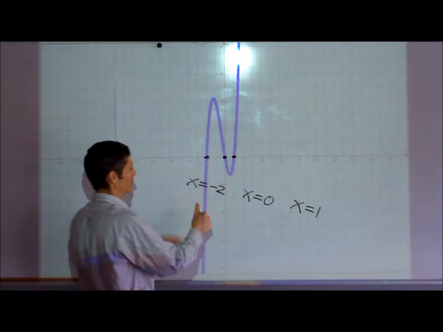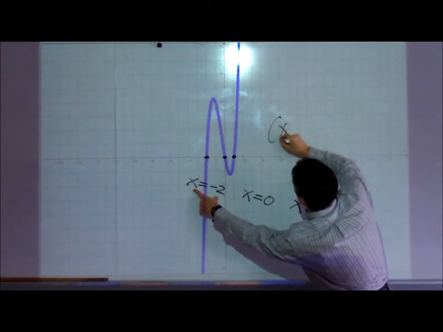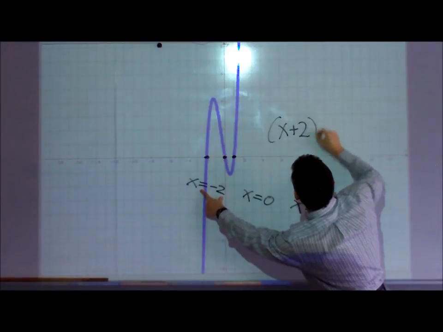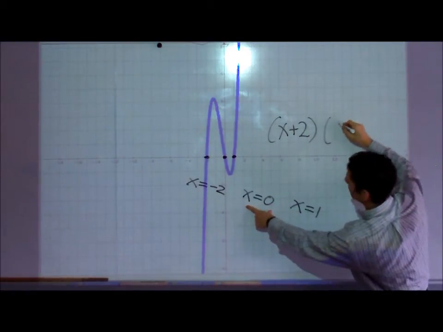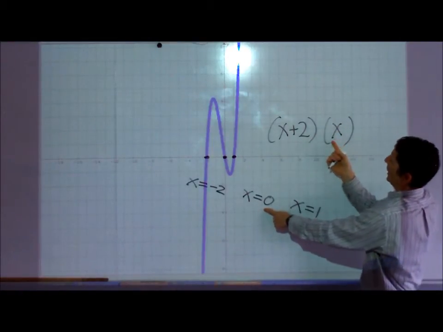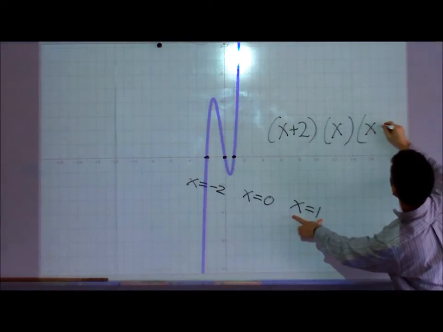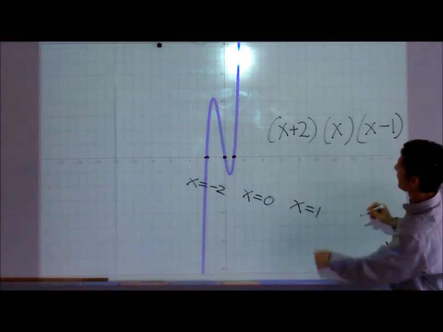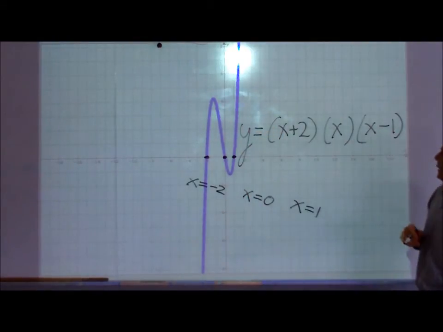Therefore, the factors must be x plus 2, because if I fill in a negative 2, I get 0. What's this one going to be? I guess just x, because if I put in a 0, it is in fact 0. And the last one must be x minus 1.